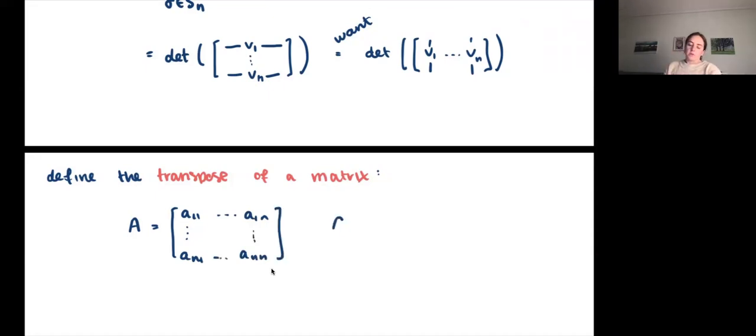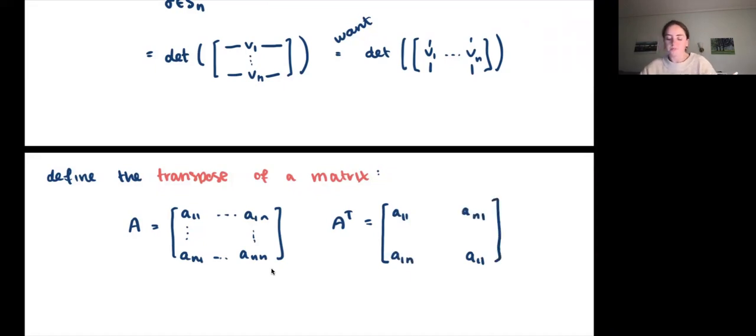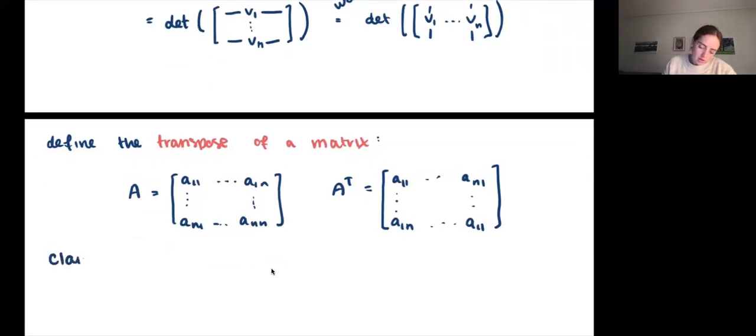Then A transpose basically just switches the roles of the two indices. So in my original matrix the diagonals stay the same, but now I would have A1n here and An1 here. And my claim is that the determinant of A is equal to the determinant of A transpose.